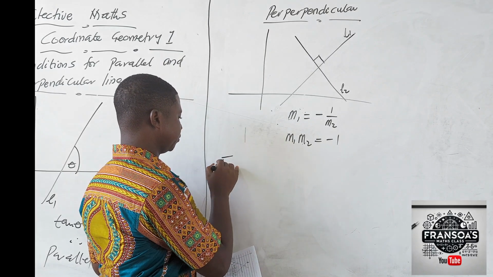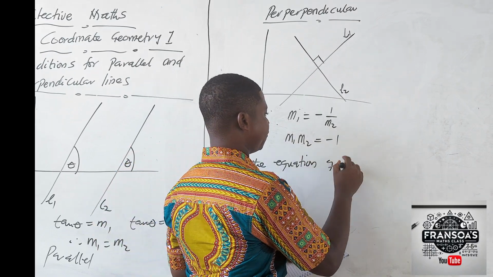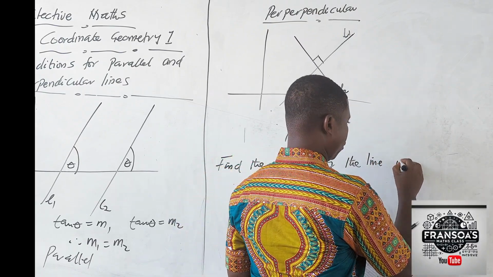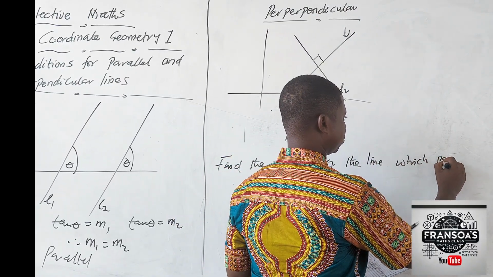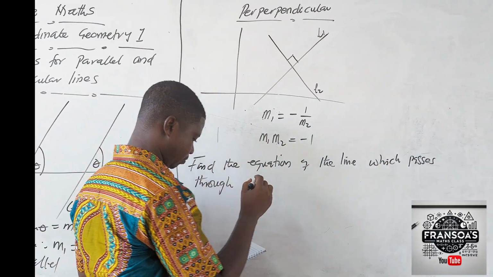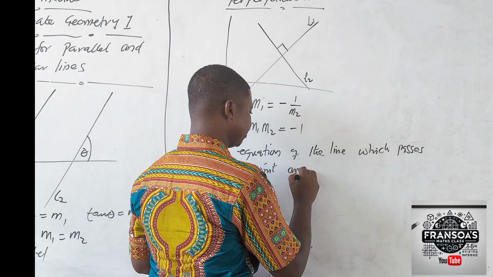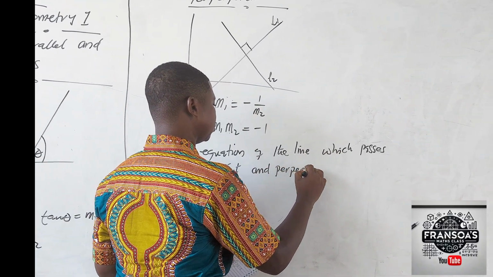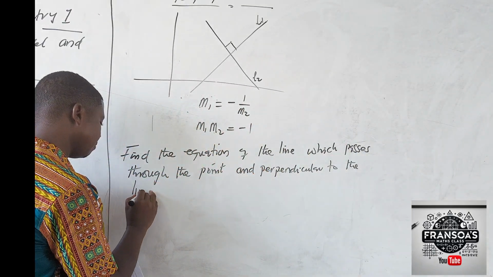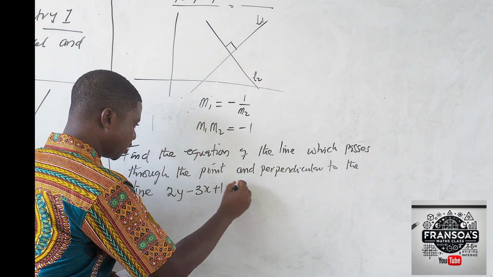Find the equation of the line which passes through the point and perpendicular to the line 2y minus 3x plus 1 equal to 0.